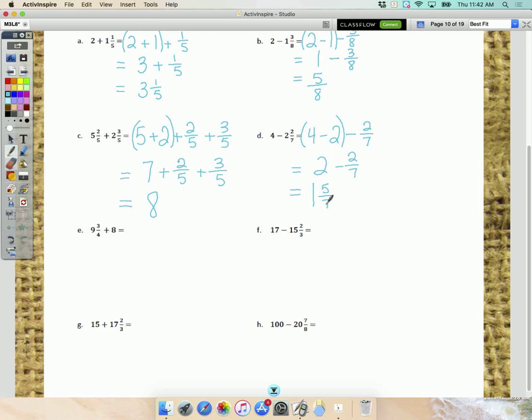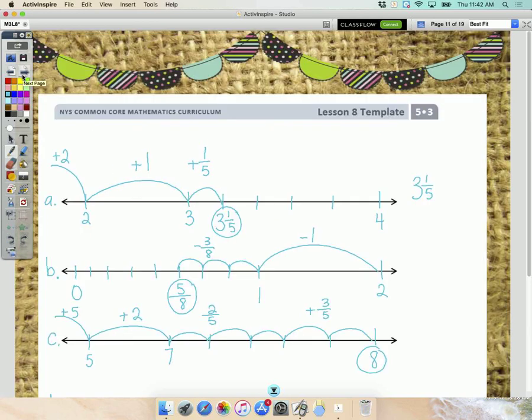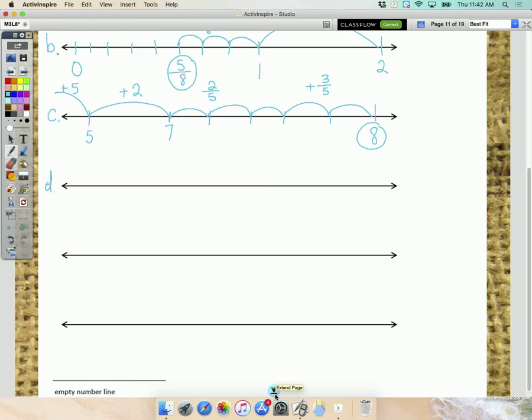Okay, let's put that on a number line. So go to your template. And it's subtraction, so I just want to start over here. What's the first number in the subtraction problem? 4. So that's what we start with.